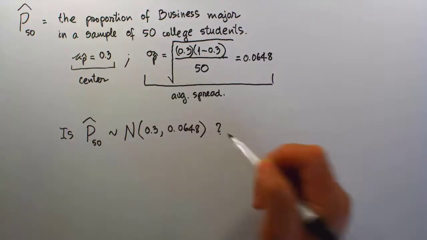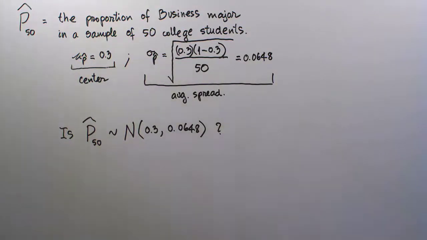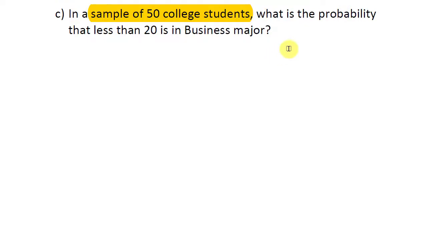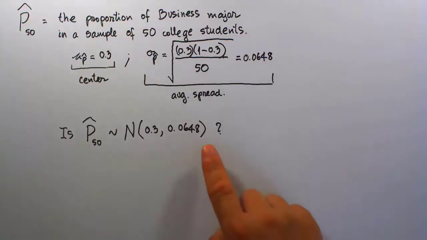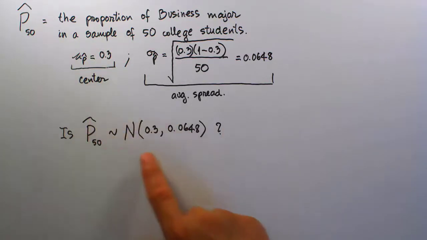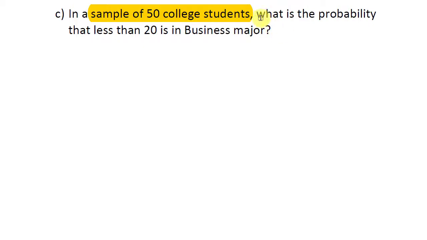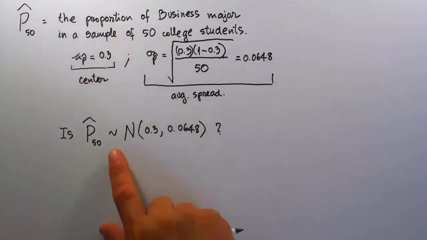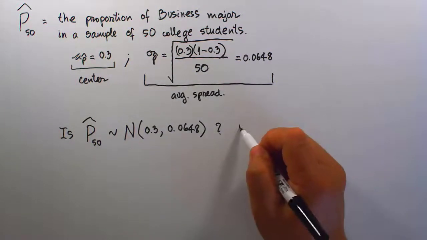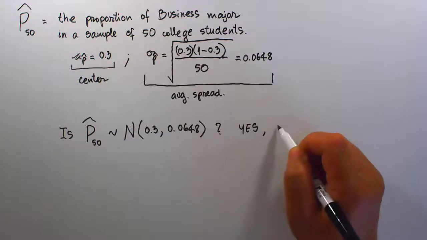So we want to consider this question, even though it is not specifically indicated in the wording of part C, but it's always our first responsibility to find out the center, average spreading, as well as distribution shape of our sampling distribution before we can answer the actual questions. So keep in mind that I'm not currently working on the actual question in part C yet. Back to this question about whether or not our sampling distribution can be on a normal distribution bell curve, the answer can be a yes or it can be a no.